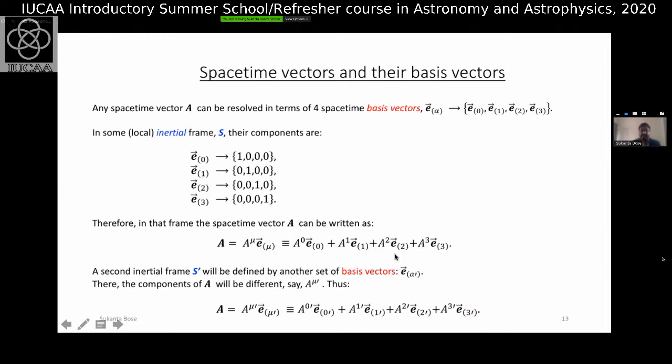This is again reminiscent of what you do in Euclidean geometry. You often write a spatial vector like the electric vector in terms of Ex i hat, Ey j hat, and Ez k hat. So this is basically like that, but now you also have a time component, A0 E0 vector.